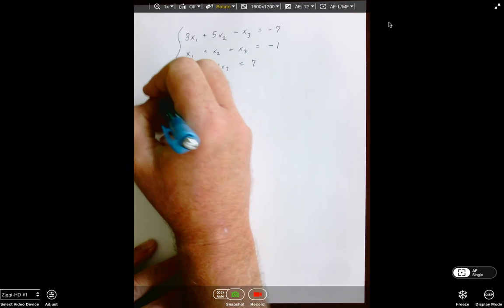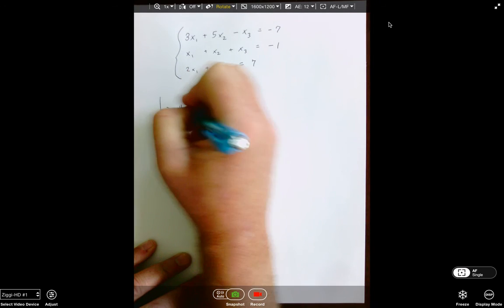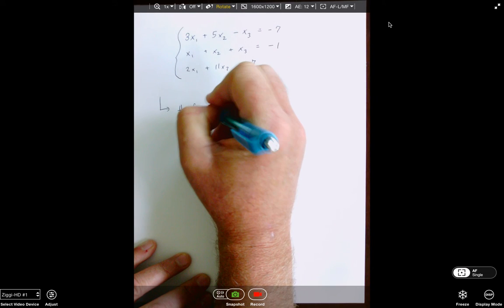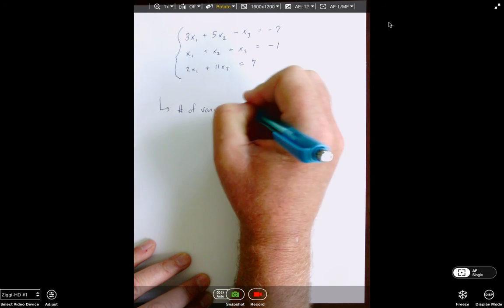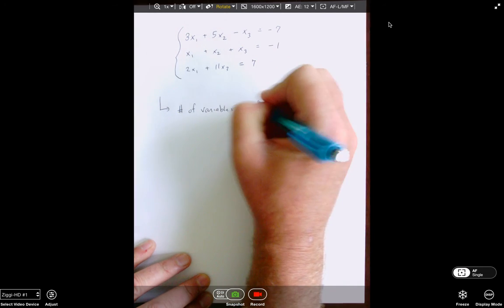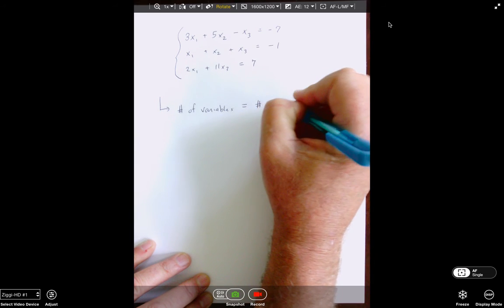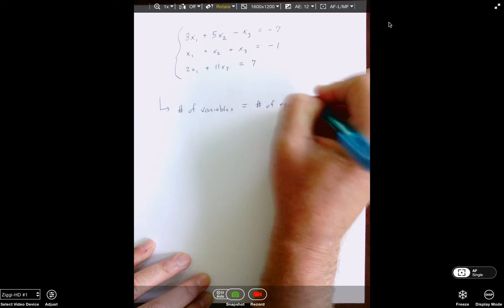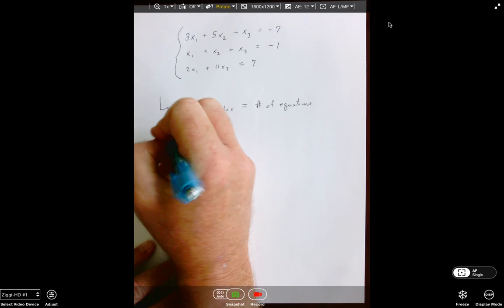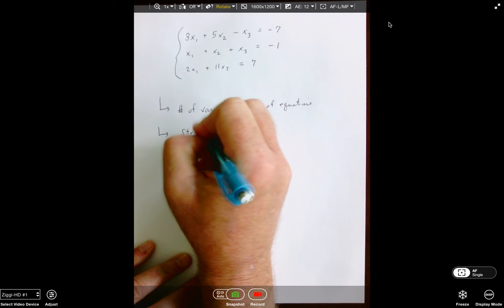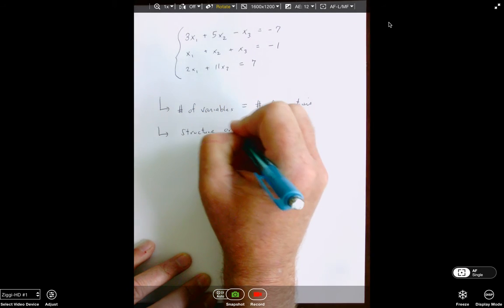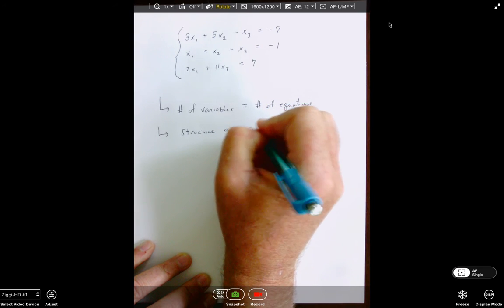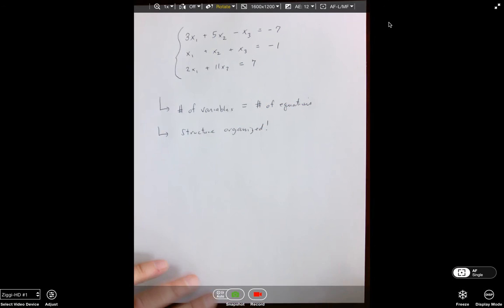Keep in mind that the number of variables must equal the number of equations, and that you've got to have your structure organized here.